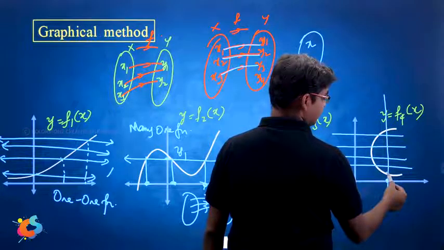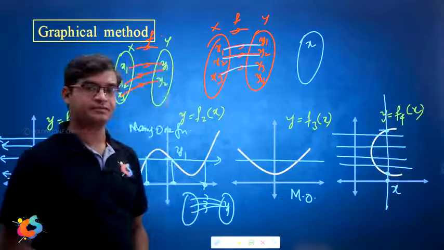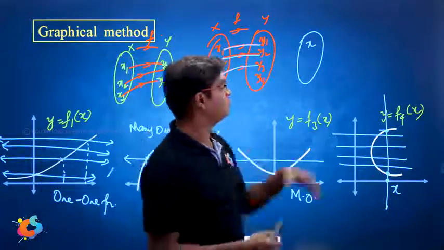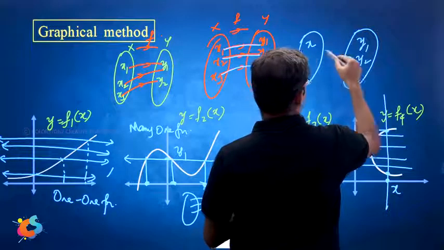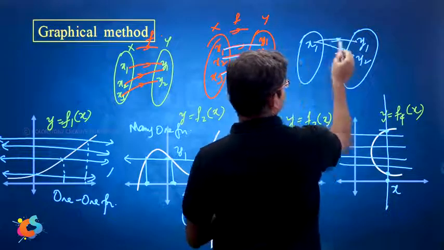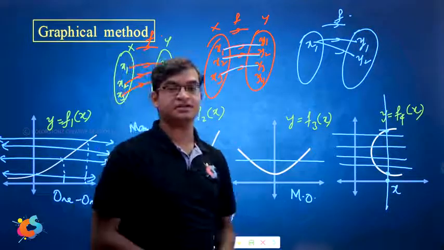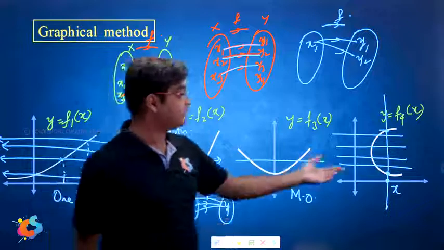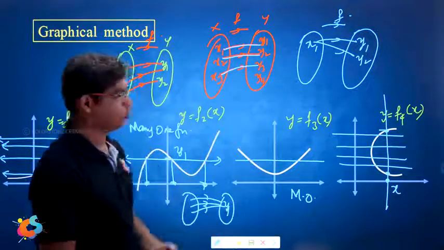But here we have more than one image, more than one output value. So if you have something like this, then this is not a function. So therefore, this is not even a function. So there is no point in discussing if this is one-one or many-one. Okay, I hope it is clear.